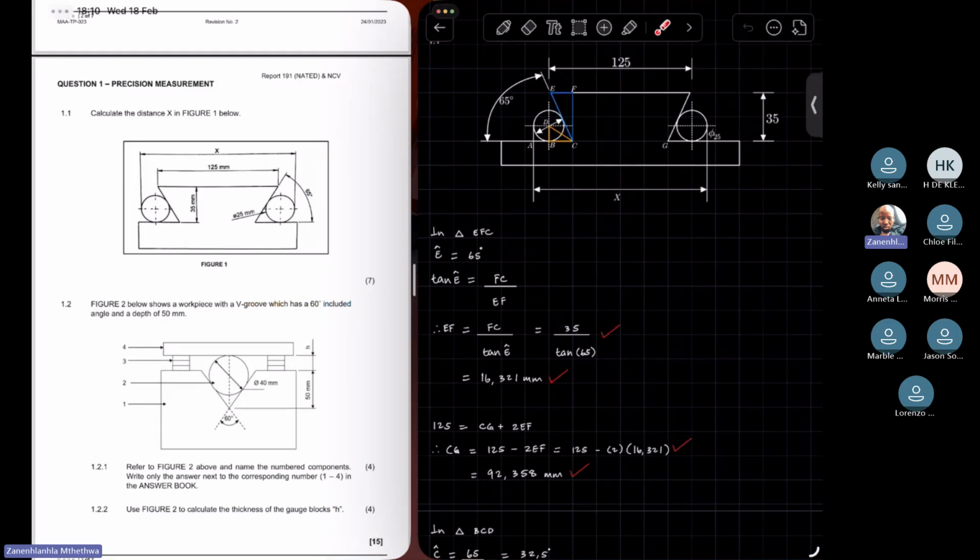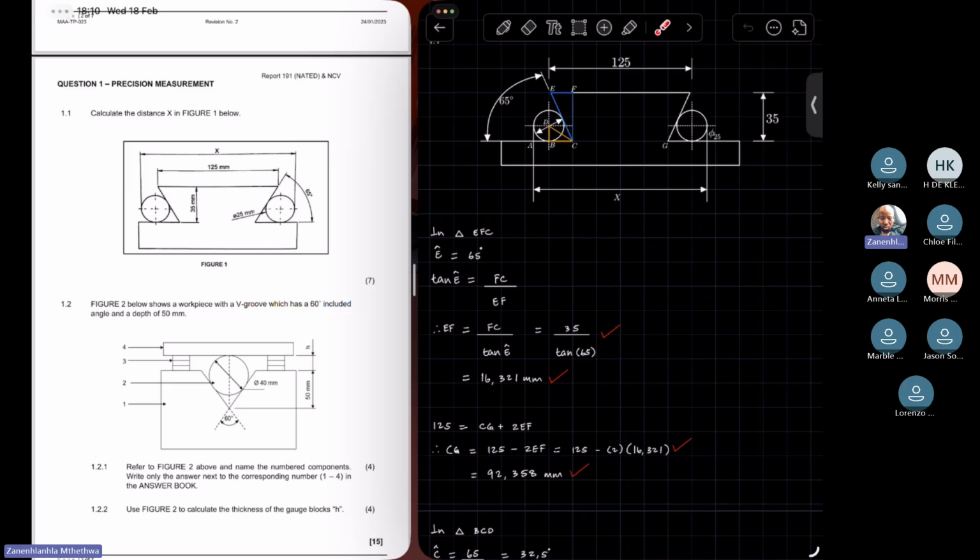Right. So I'm just mentioning a couple of things that you need to take note of before you even start writing up your solution. These are just the basics of such problems that you need to consider.